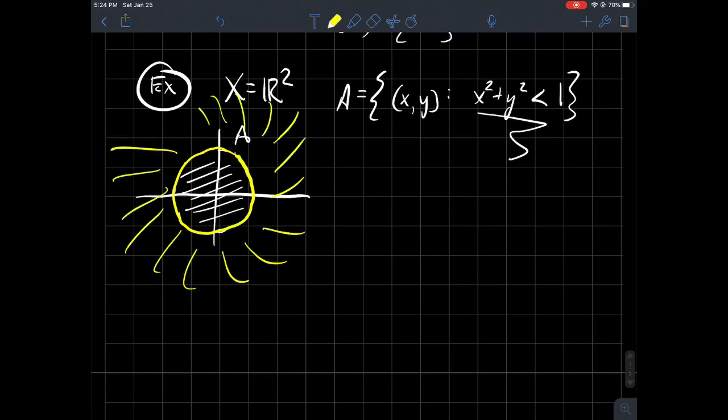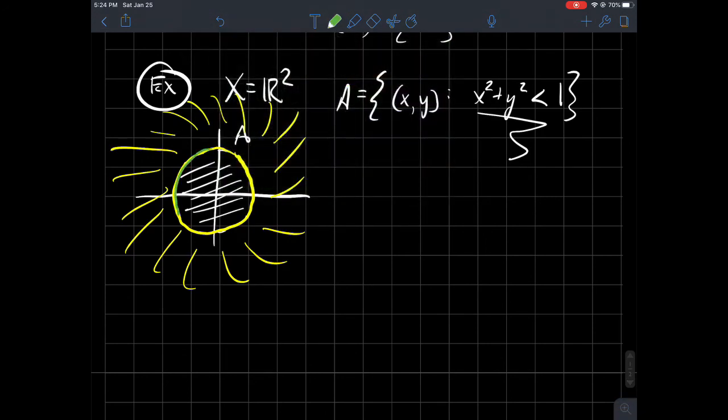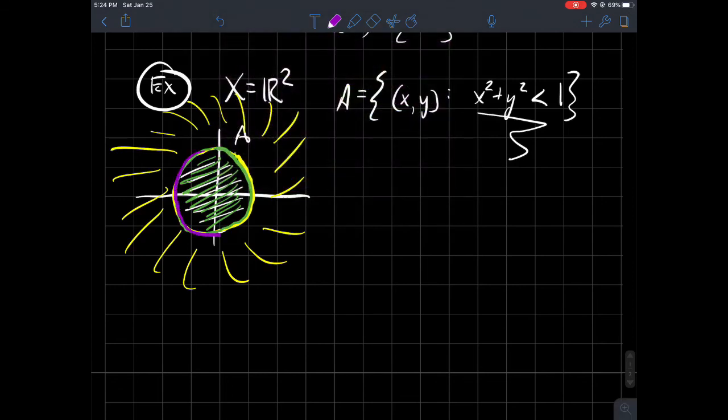So that is the complement of A. And so my point then, if you remember my drawing a minute ago, where do these two things overlap? The closure being the green and the closure of the complement of A being the yellow, they overlap where you probably thought they would, exactly on the unit circle itself. So my point here is that BD of this set A is just the set of all points (x, y) such that x squared plus y squared actually equals 1 in this case.